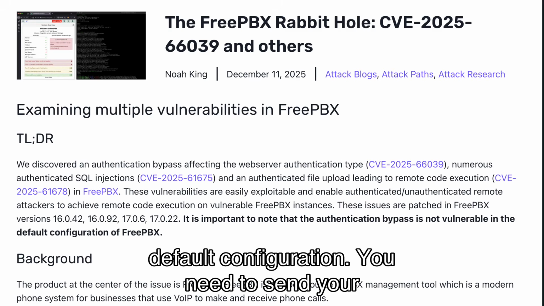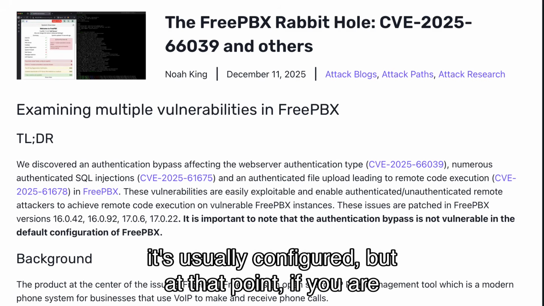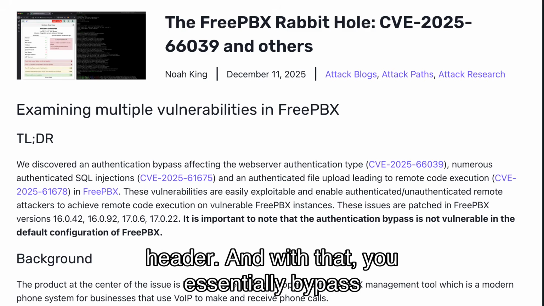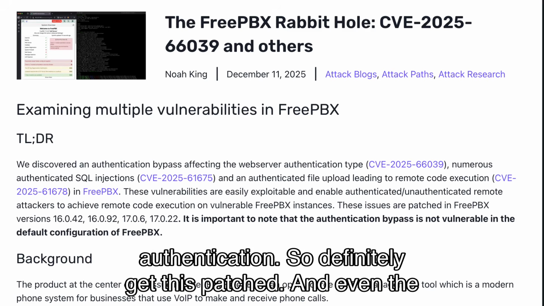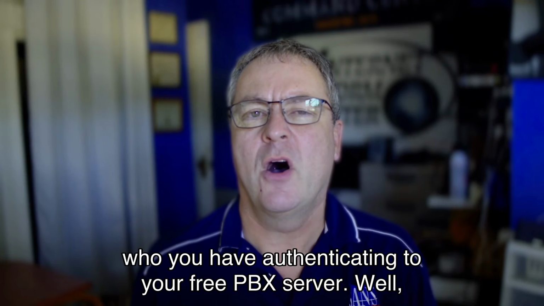You need to set your authentication type to webserver, which is not the way it's usually configured. But at that point, if you are vulnerable, it's exploitable by just sending a specific header. And with that, you essentially bypass authentication.